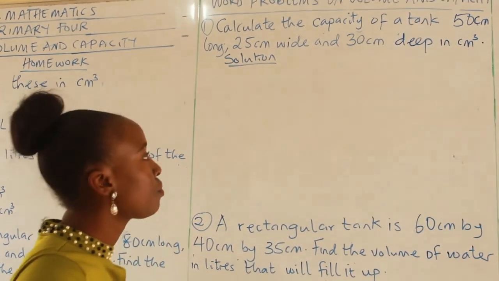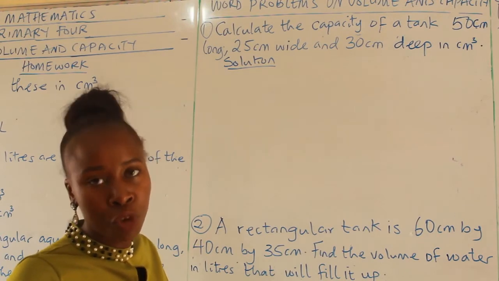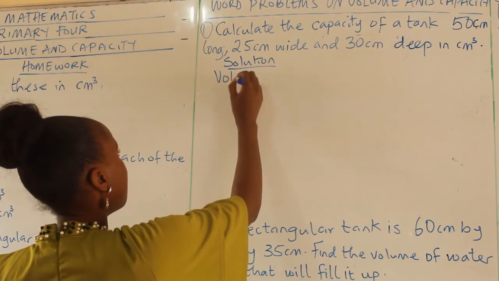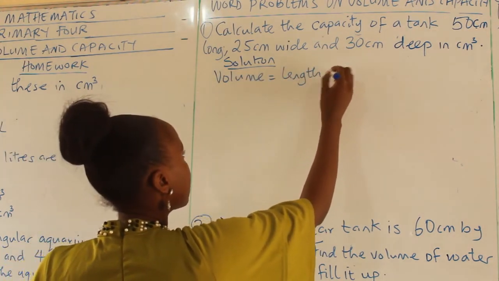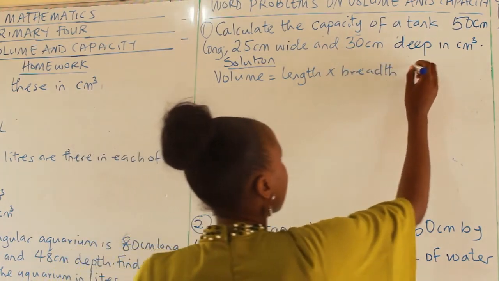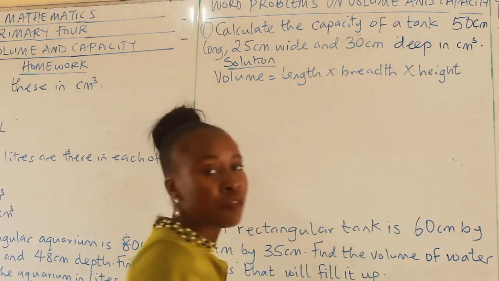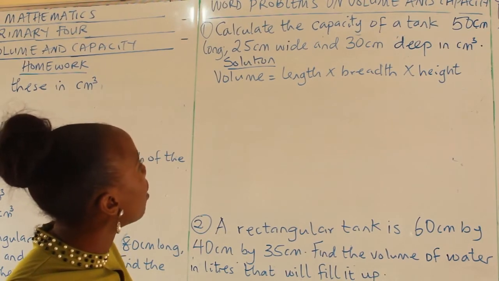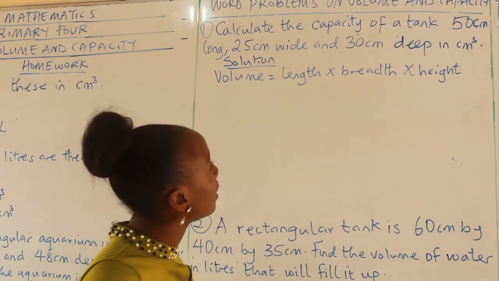And to find the capacity of this tank, well, all we'll do is we'll find the volume of the tank. Alright, so we'll have volume is equal to length times breadth times height. And from the question here, we have our length 50 centimeter, our breadth 25 centimeter, and the height or depth 30 centimeters.